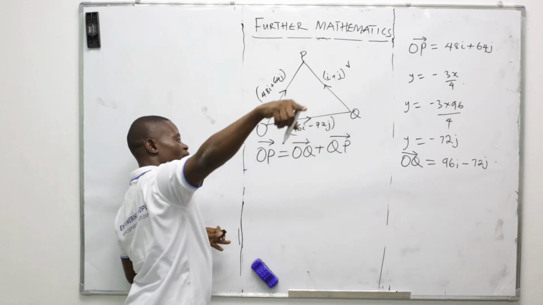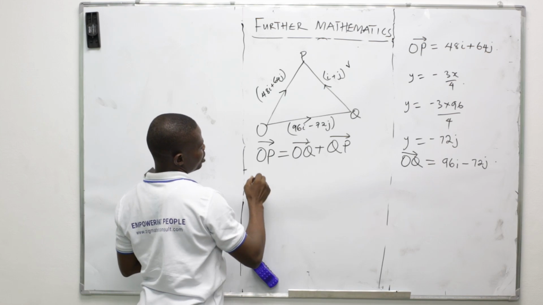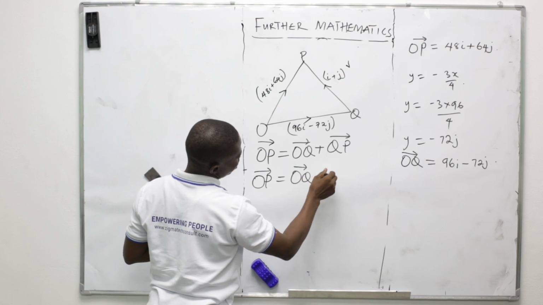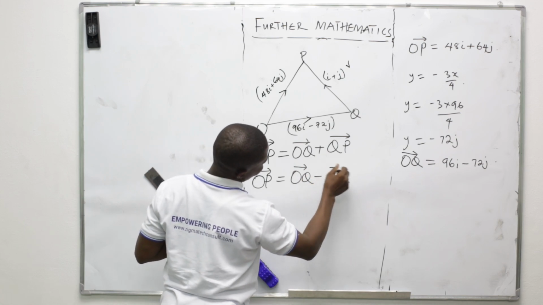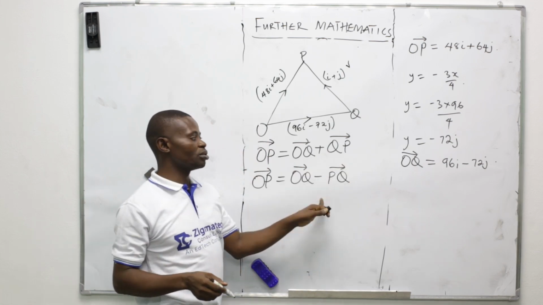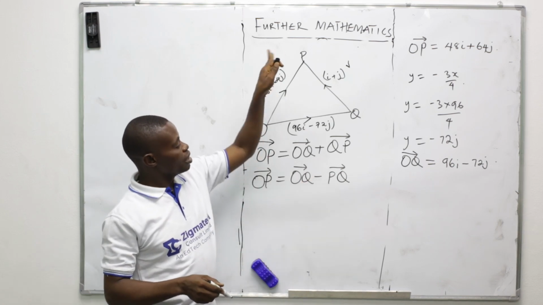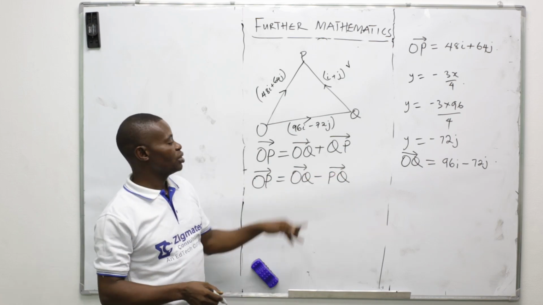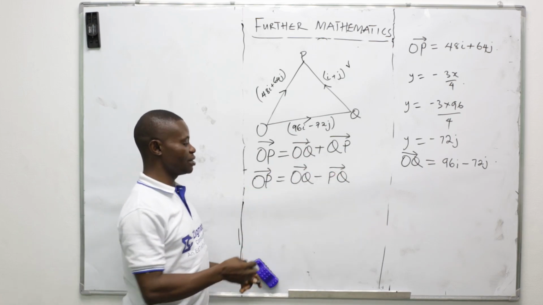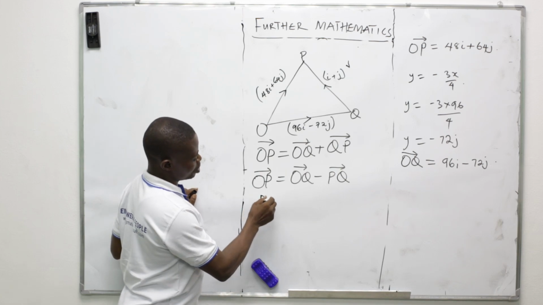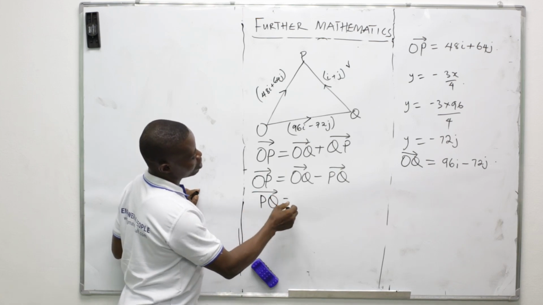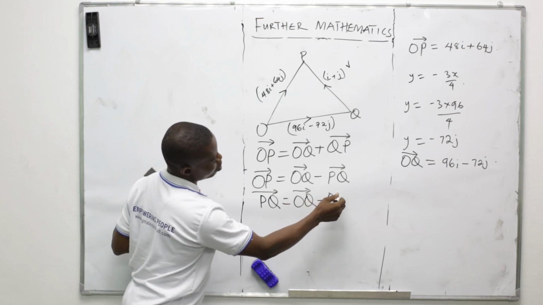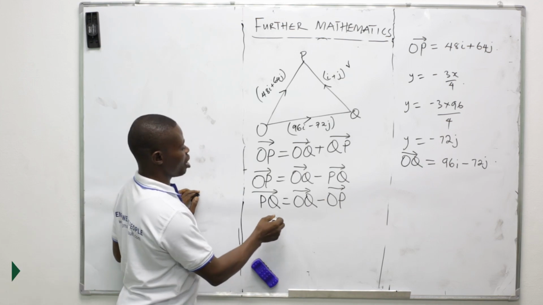Now, following what we have on the question, this is going to give us OQ minus OP equals PQ. Because that is the sacrifice you must do to make QP answer PQ. The sign will change definitely. So that PQ now will give us OQ minus OP.